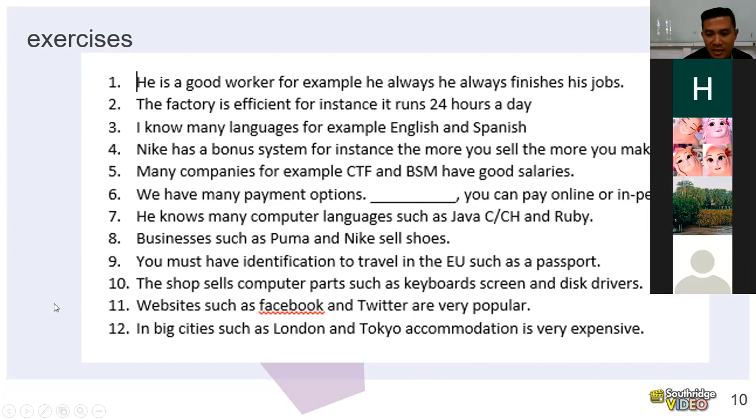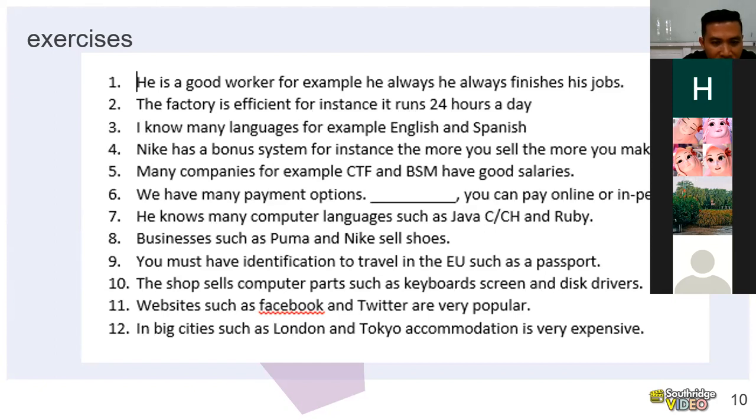Okay, number 9. You want to try? Please try. You must have identification to travel in the European Union, such as a passport. What do you think? Yeah.